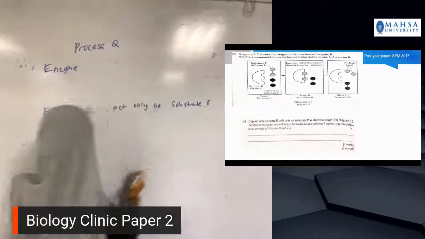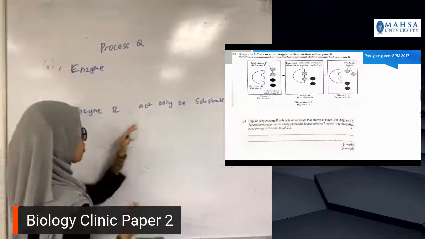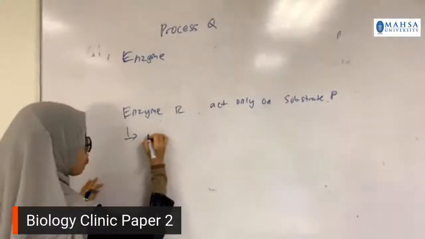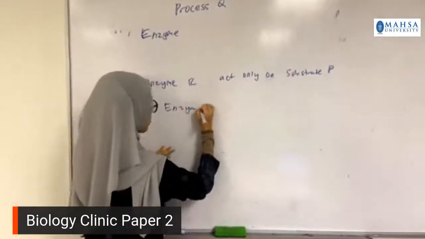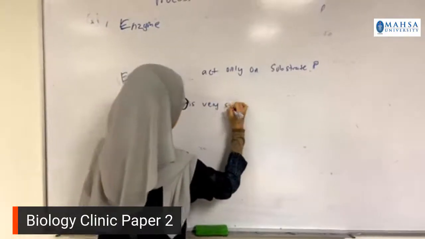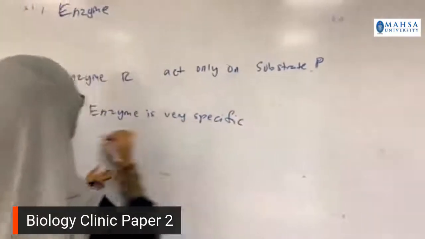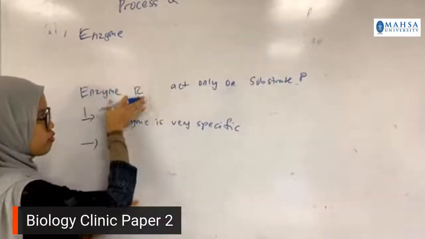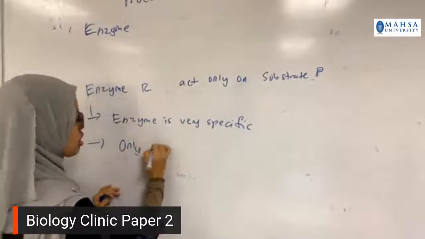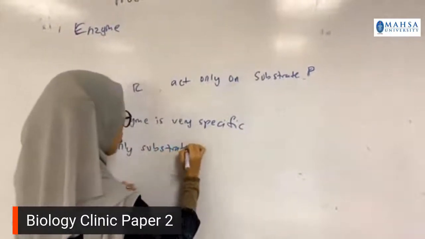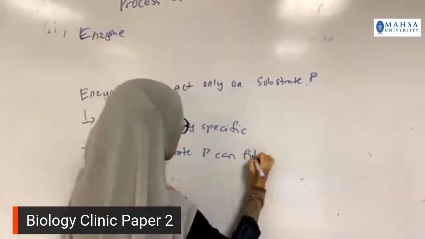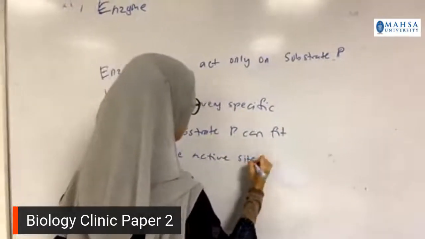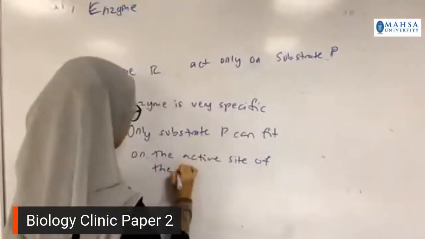So why does enzyme R act only on substrate P? It is because enzymes are very specific. The structure of the substrate P must complement the active site of the enzyme, so only substrate P can fit on the active site of the enzyme.